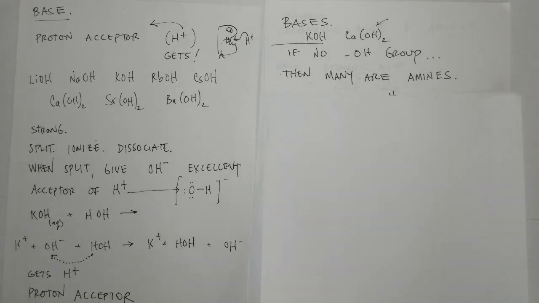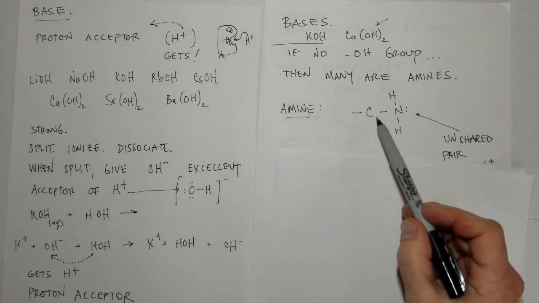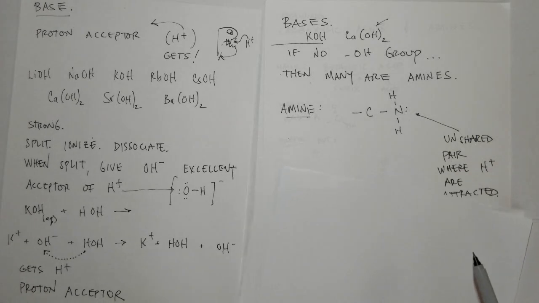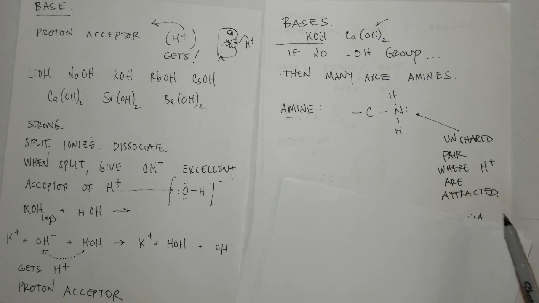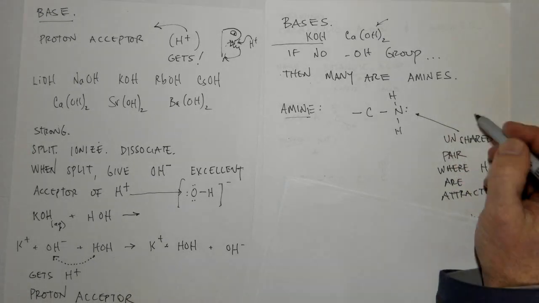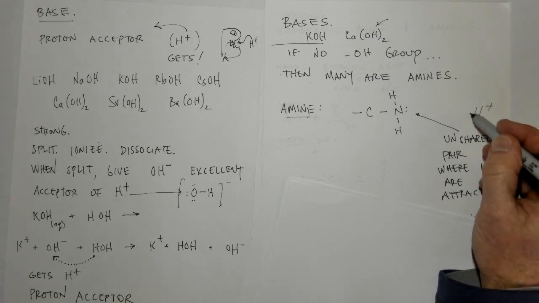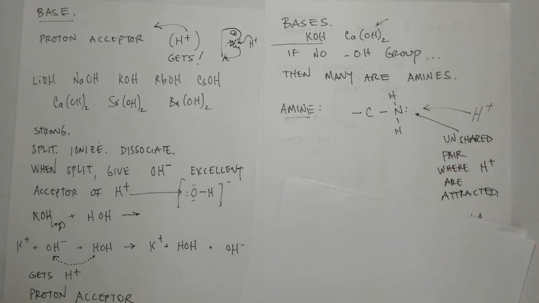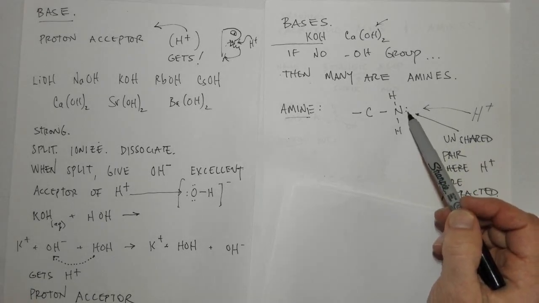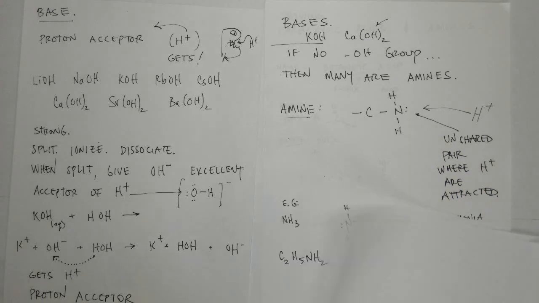Amines, of course, are an organic group, and an amine is a single bonded to an NH2 with an unshared pair of electrons where hydrogens are attracted. This unshared pair right here is very attracted to H's or H pluses, especially when something acidic is around or water is around, because this wants to get attached to another H plus if it can.